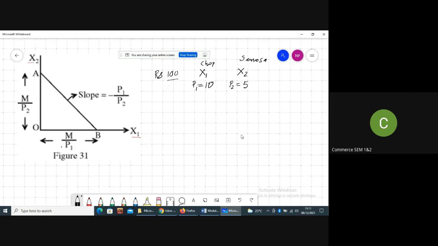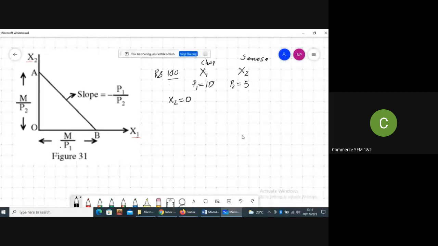Now assume that you are not eating any amount of X2, that is, your consumption of X2 is equal to 0, you are not eating any samosa. So how much chop, or X1, can you buy with your 100 rupees?